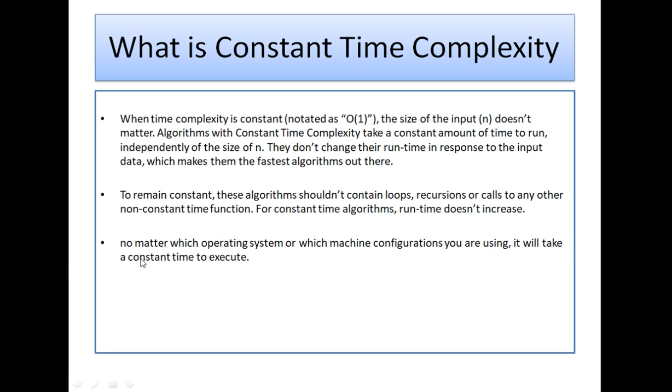The third point is that no matter which operating system or which machine configuration you are using, it will take a constant time to execute. Again, no matter which operating system or machine configuration you use, it will take constant time. Constant time complexity is independent of the operating system.